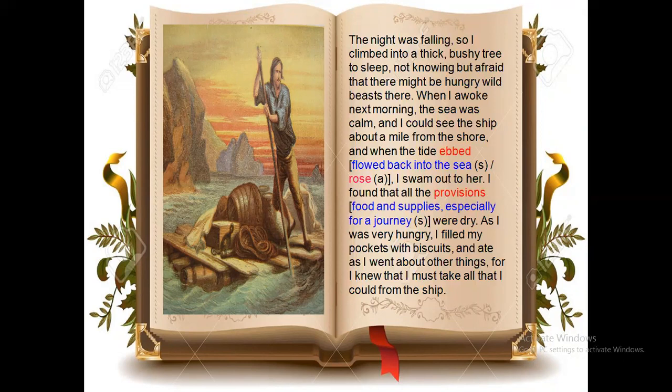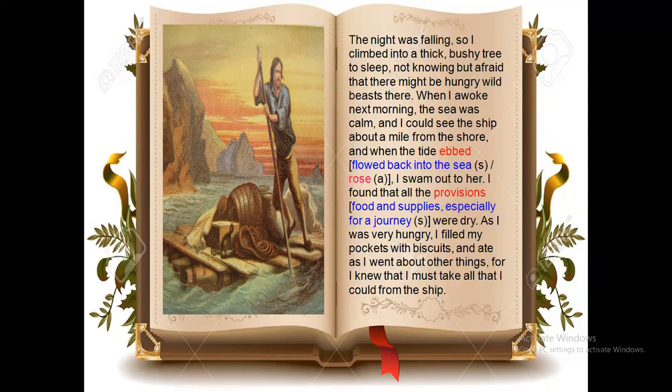Now, what is ebbed? What does the word ebbed mean? Flowed back into the sea. You must have observed in the river that the water sometimes ebbed. That means flowed back, goes down. The level of water goes down, and during high tide it comes up.